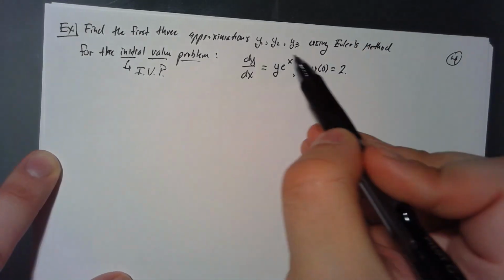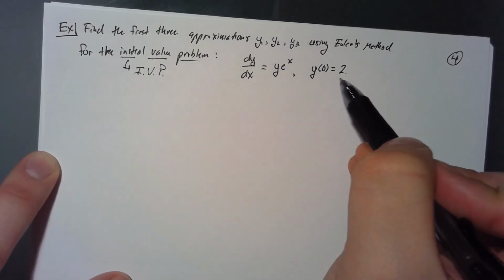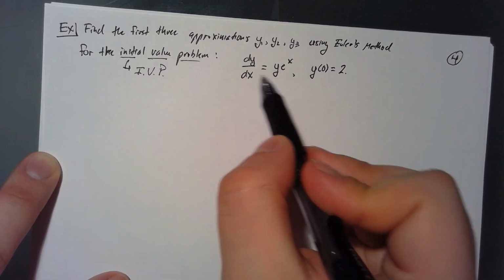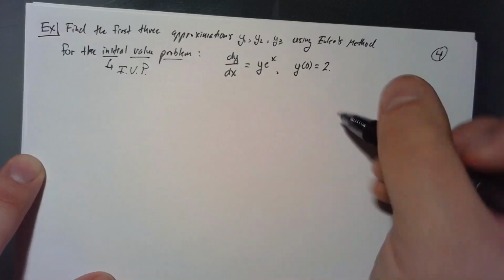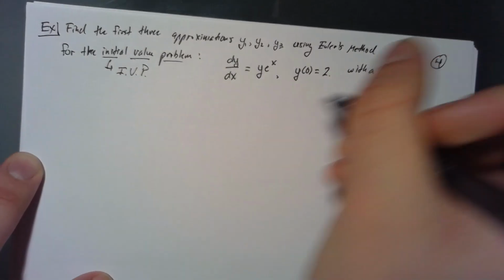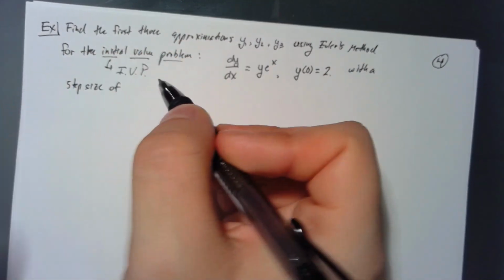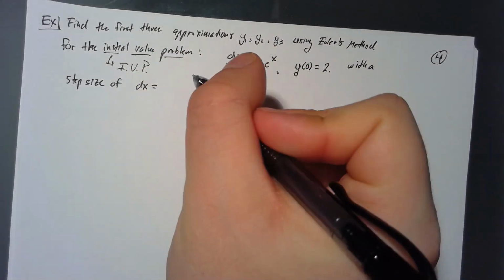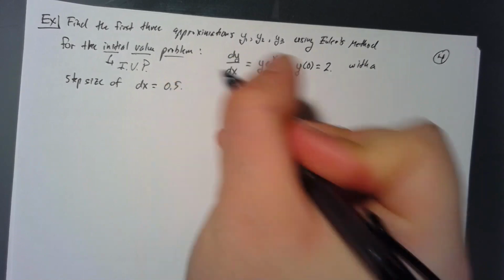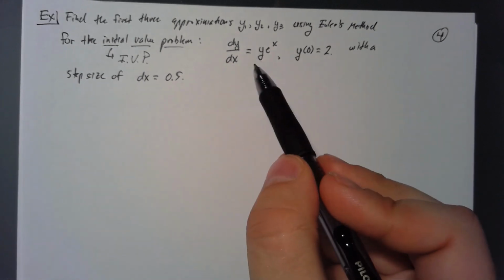So we're using Euler's method to approximate the first 3 solutions of this differential equation with this starting point, or initial condition. That's what we mean by IVP. It contains this and this, with a step size. We have to have a defined step size. That's up to us. And the problem says dx equals 0.5. So a step size of a half. Alright, so we're doing the first 3 approximations of Euler's method to approximate the solution.